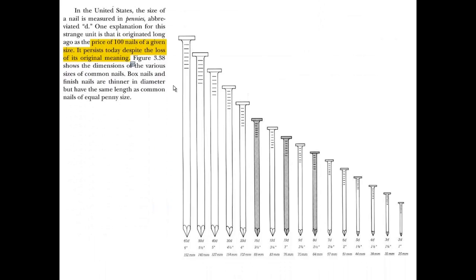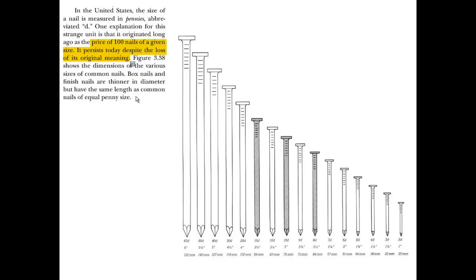We're going to talk a little bit about fasteners. Nails, to start out with, our most common fastener, are sized in pennies. It uses a D letter. The origin of a 10 penny nail or a 5 penny nail is thought to be an explanation that it was the price of 100 nails of a given size.